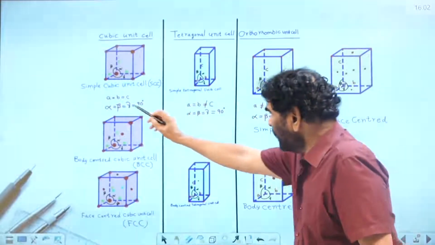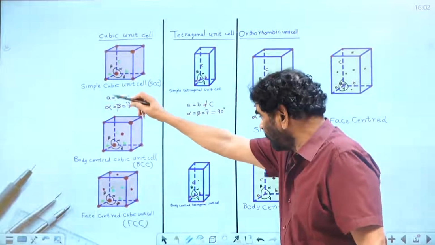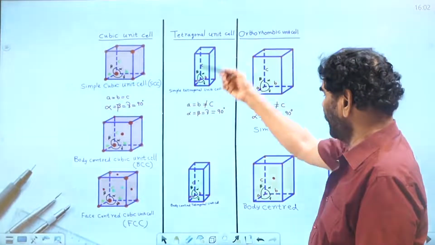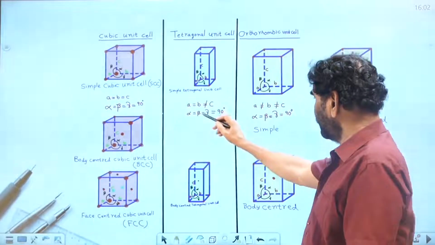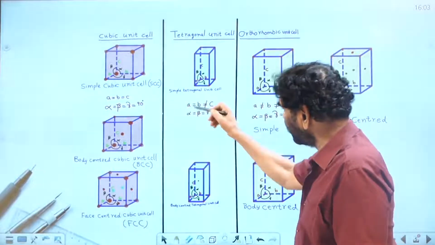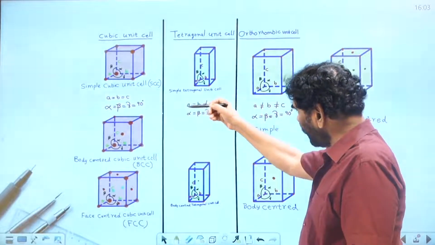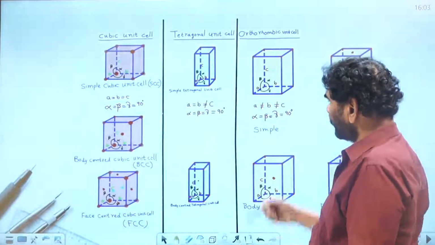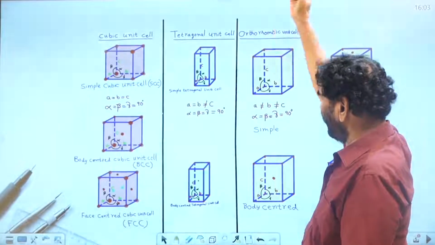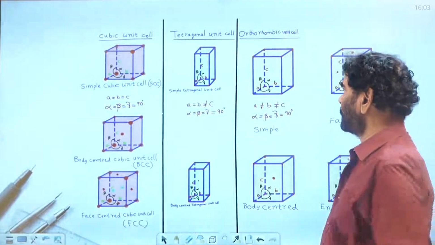You see, in the cube, A is equal to B is equal to C. All three axial lengths are the same and all the angles are 90 degrees. Here the angle is 90 degrees like this, but one of the edge lengths is different from the other two, and here it is elongated. This is a cuboid, just like a shoebox.